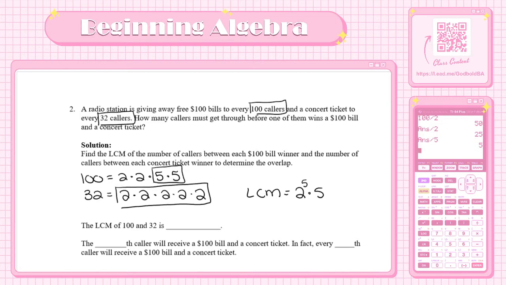It's got 2 of them, so I need 2. So I need to do 32 times 25, or 800. So the least common multiple of 100 and 32 is 800. So the 800th caller will receive a $100 bill and a concert ticket.